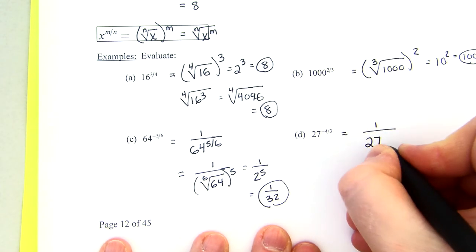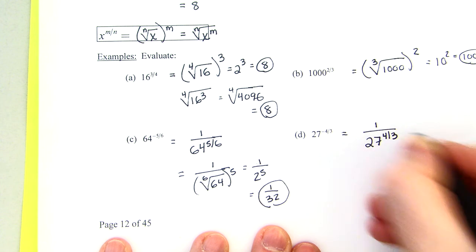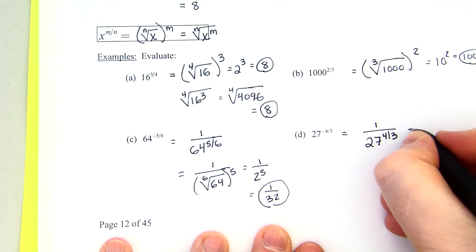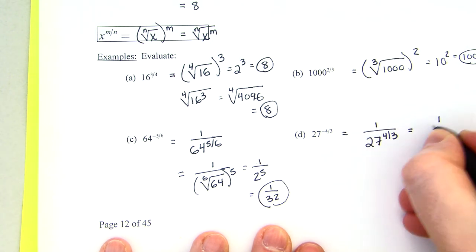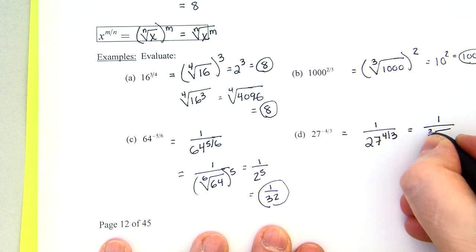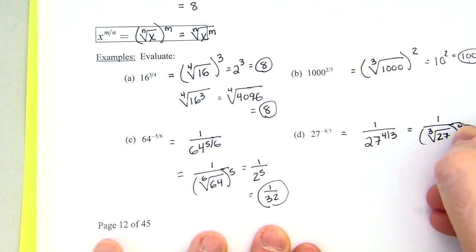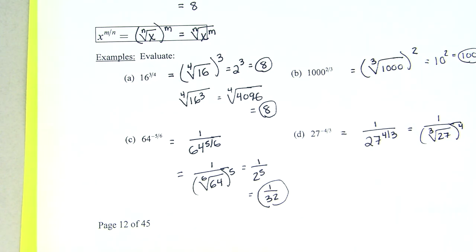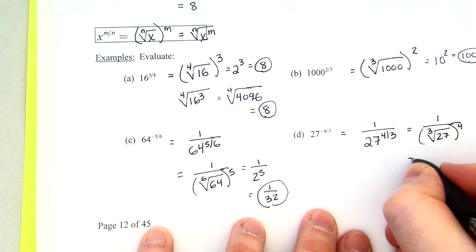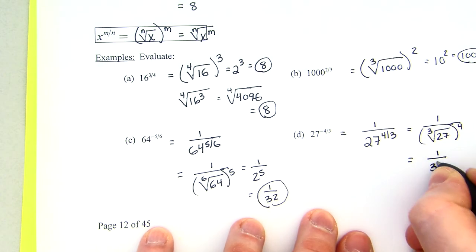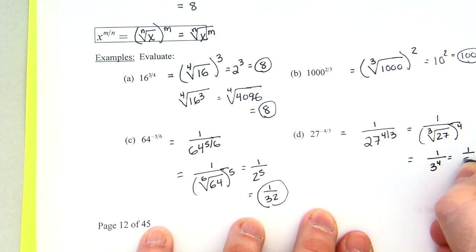I'm going to go and do the fraction power thing. 1 over 27 to the 4/3. Anthony, are you done with letter D? What do you have? I like it. Cube root of 27 is 3, so 1 over 3 to the 4th. What's 3 to the 4th?